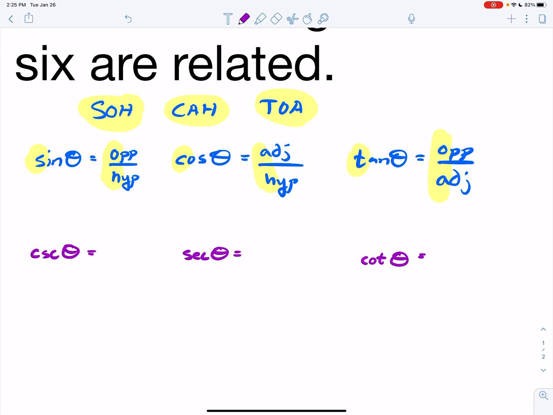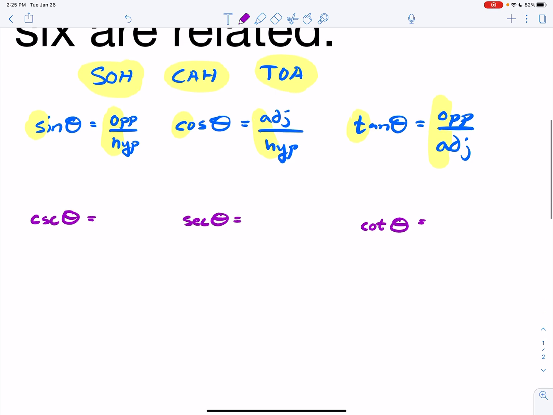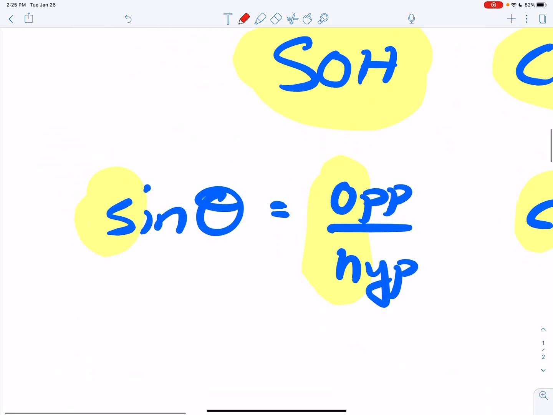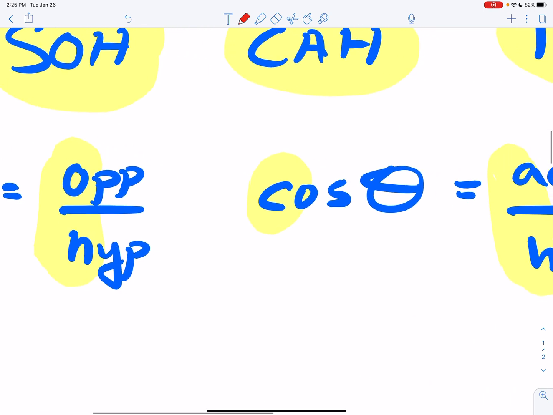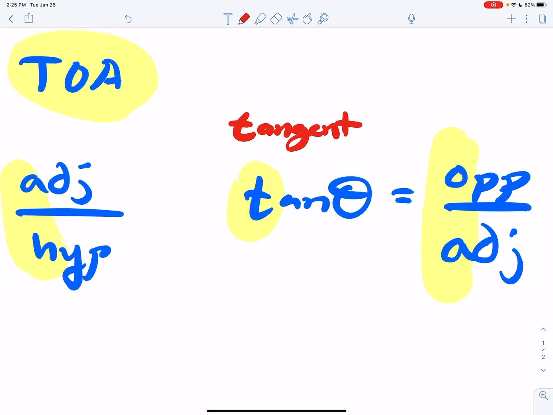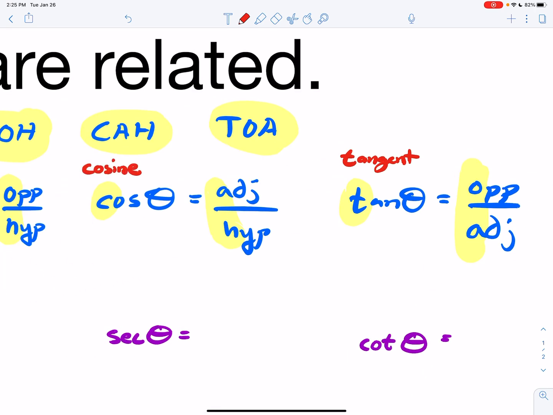Now, before I show you what the ratios are, first things first, what do all of these mean? So we know that SIN is sine, COS is cosine, and TAN is tangent. Again, what those words mean, you guys will be able to find out as you move forward in math.